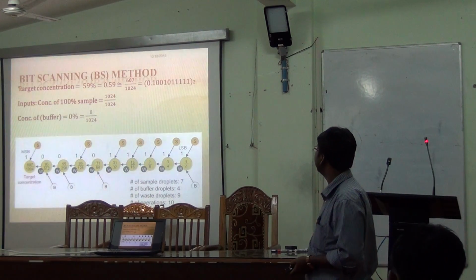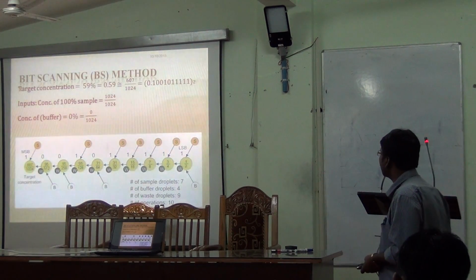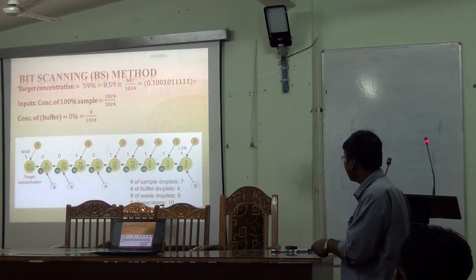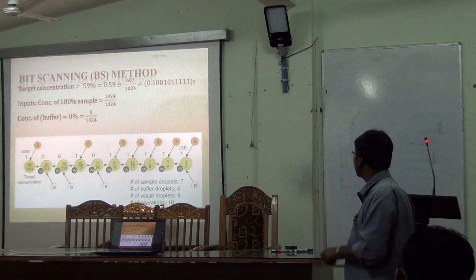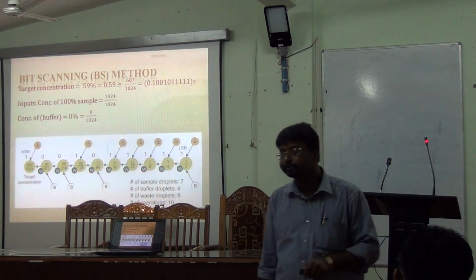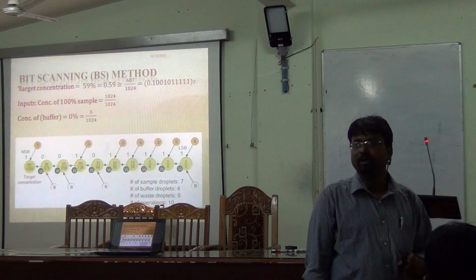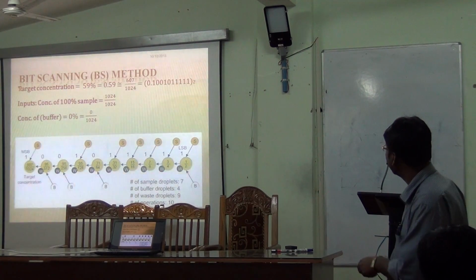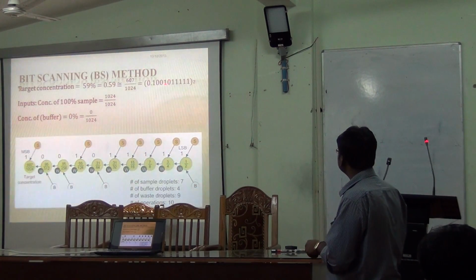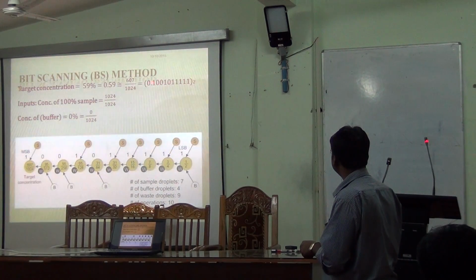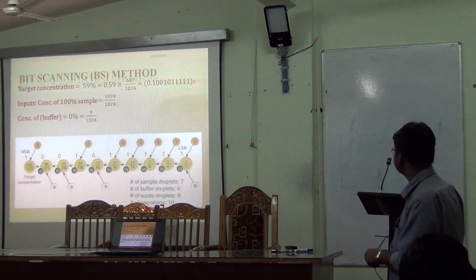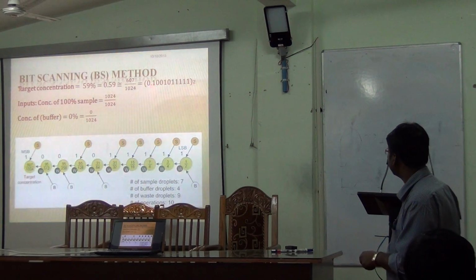You just convert 0.59 into its binary, with a strength of 1024. 1024 is 2 to the power 10, which means the number of steps you are considering is 10. The corresponding binary result we take, and we start from right to left until the dot comes.